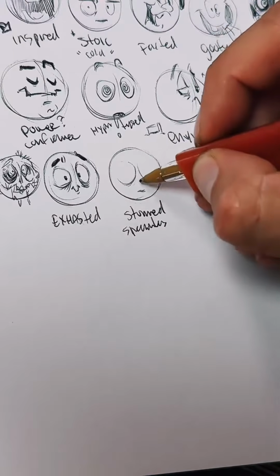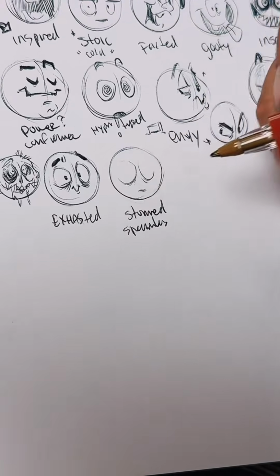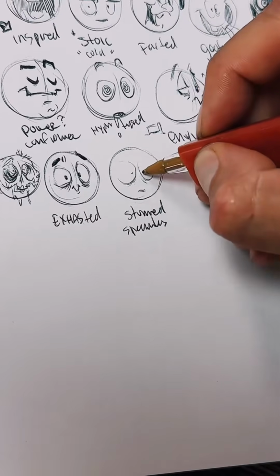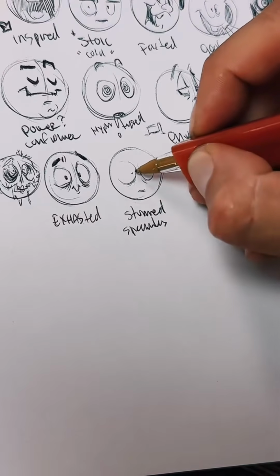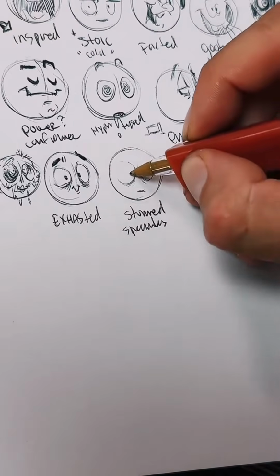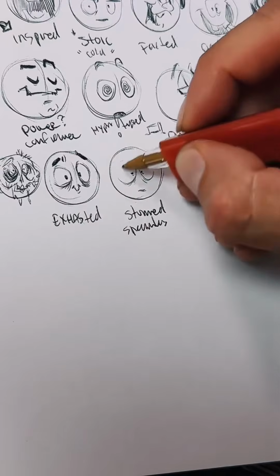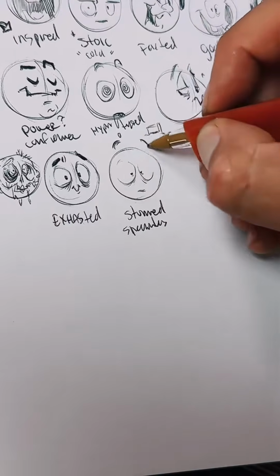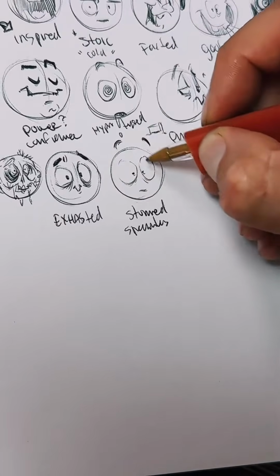So like we just talked about, we're going to add a little bit of distress lines, and little tiny eyes, just to add the contrast of that what-just-happened type of feel.